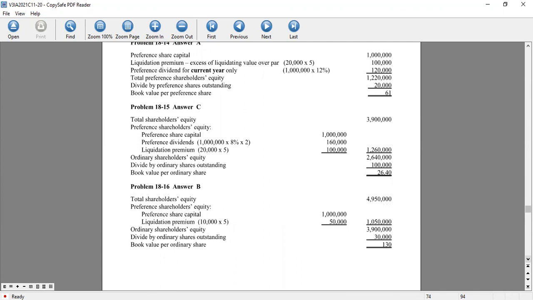What amount should be reported as book value per ordinary share? Total shareholders equity of 3.9 million by adding the given figures. Preference shareholders equity is the capital of 1 million, then preference dividends equal to 1 million multiplied by 8% times 2. Now we get the amount of 160,000.